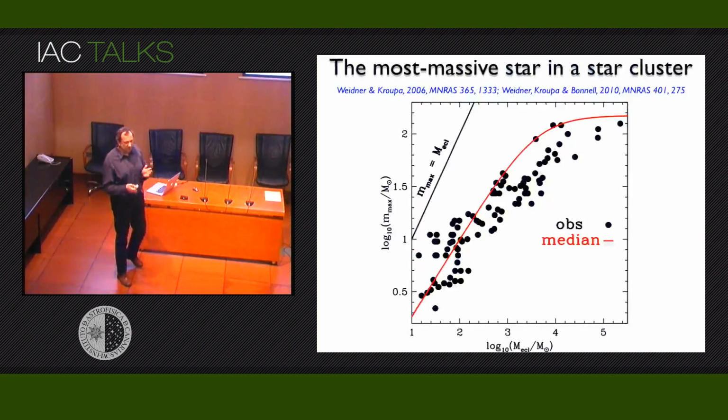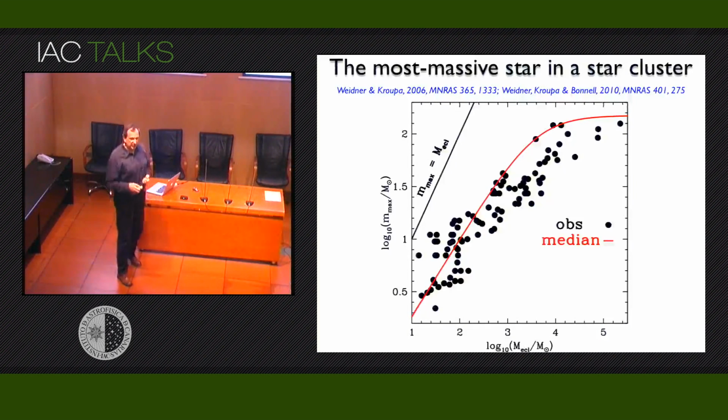The idea is that the IMF is a probability distribution function which has 3 parameters: a slope, a lower mass limit, and an upper mass limit. Because the lower mass limit and slope are obviously the same, people assume that they can just use whatever upper mass limit they like and assume it is universal. But the problem is if the upper mass end is not free or independent of the cluster mass, then you still have a probability distribution function, but with a changing parameter.